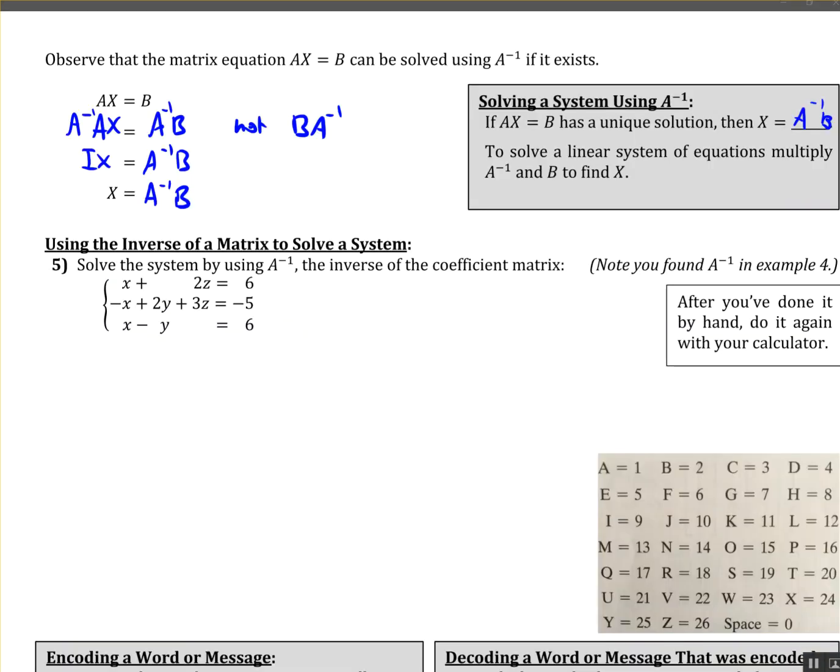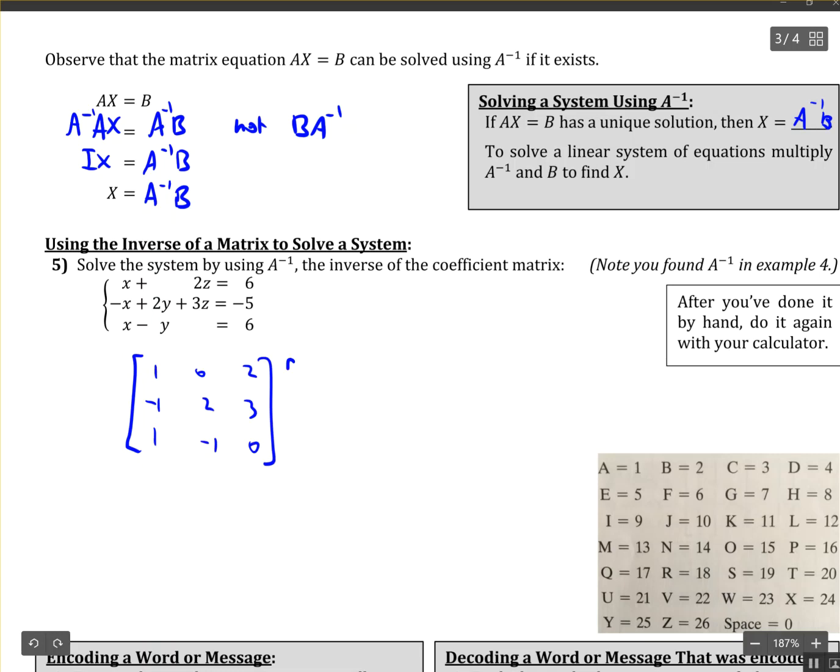So for the system of equations here, we can just write it out. Notice we could rewrite this as 1, 0, 2, negative 1, 2, 3, 1, negative 1, 0, and then we have X, Y, Z, and then it equals 6, negative 5, 6.